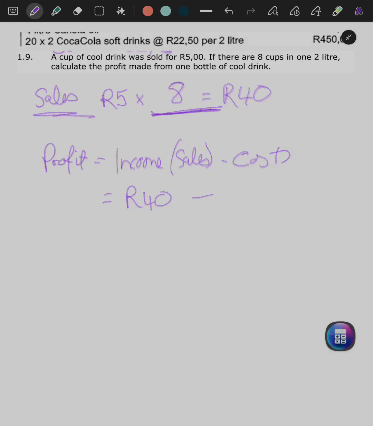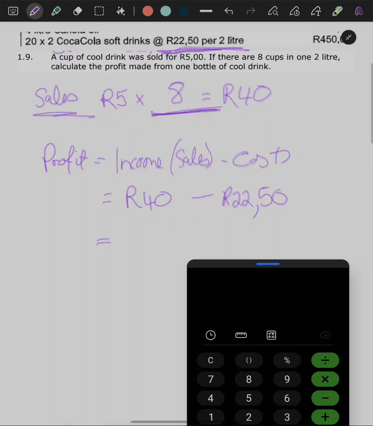Then we need to look at our costs. So our cost for a 2-liter bottle, well, that came from the till slip. I've got it up here, but I cut that from the till slip. It's 22 Rand 50 per 2-liter. So our cost is going to be 22 Rand 50. And then all we need to do here is subtract to see what would be the profit.